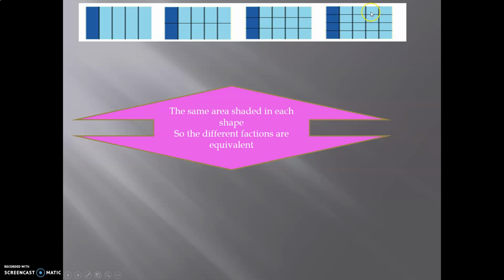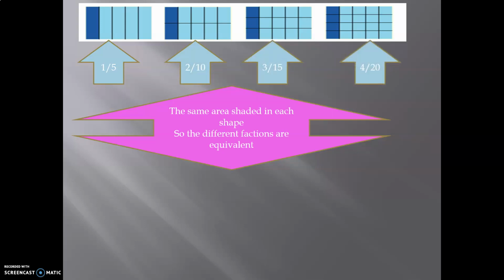Let's take a look here. Can you tell me what the fraction of the dark blue is? You can see that it is the same shape, but I cut it into 20 equal parts. So if I want to color only this column in dark blue, I need to color 4 out of the whole 20 in dark blue. 1 out of 5, 2 out of 10, 3 out of 15, 4 out of 20.